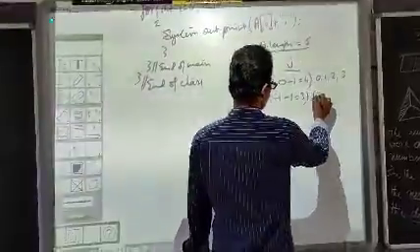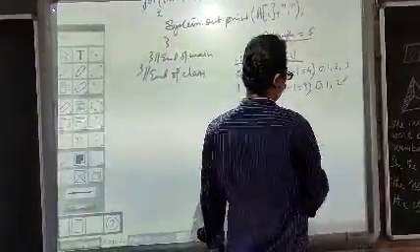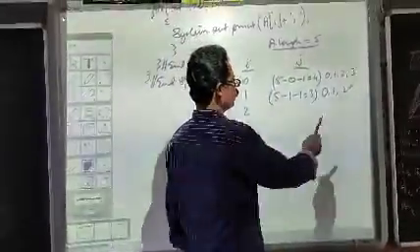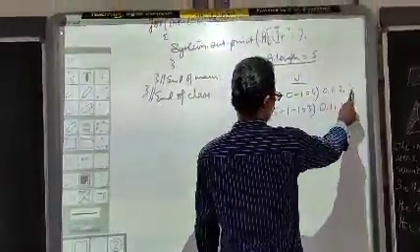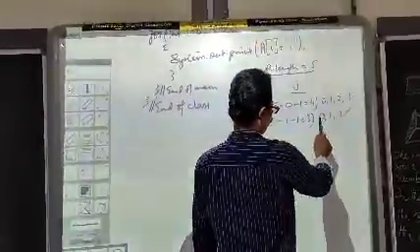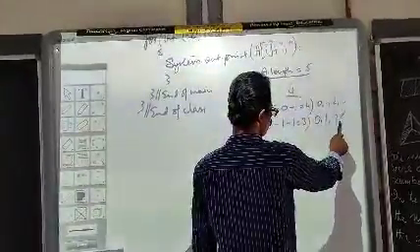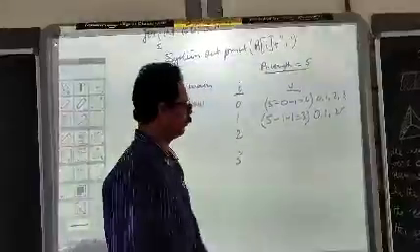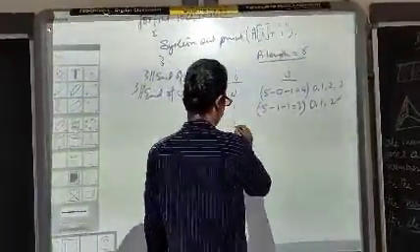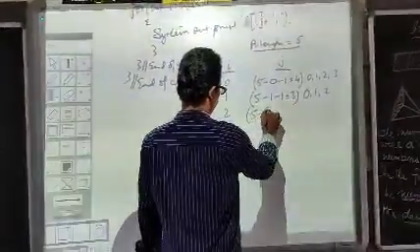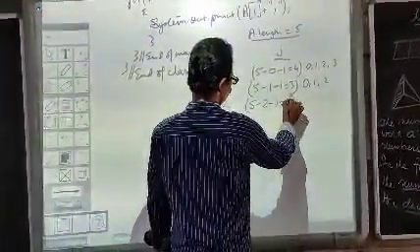That means less than 3, so 0, 1 and 2. That means 0 versus 1, 1 versus 2, 2 versus 3 and 3 versus 4 in the first pass. Here it is 0 versus 1, 1 versus 2, 2 versus 3 will be the comparisons. That means 3 comparisons will be done. In this case it is 5 minus 2 minus 1, that's equal to 2.